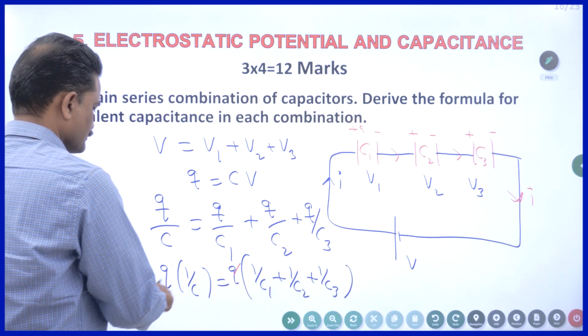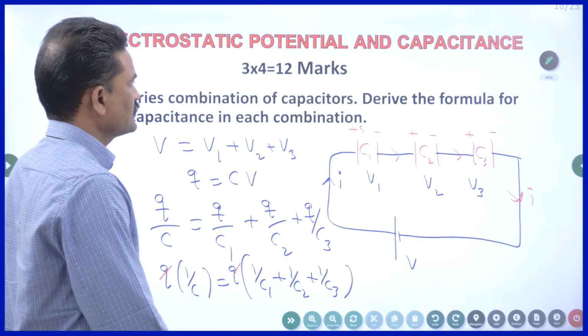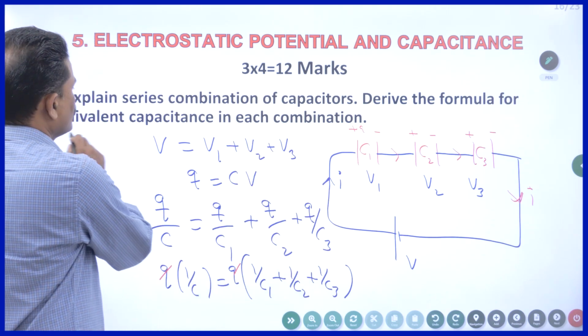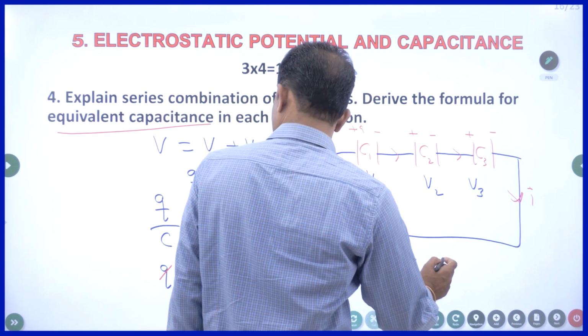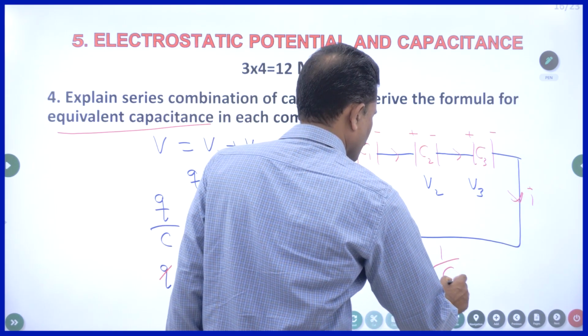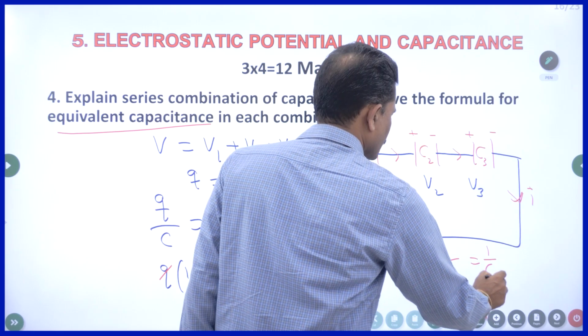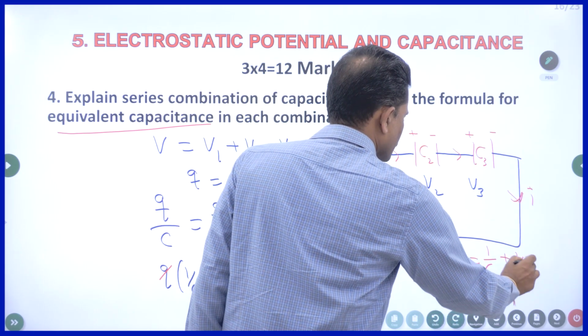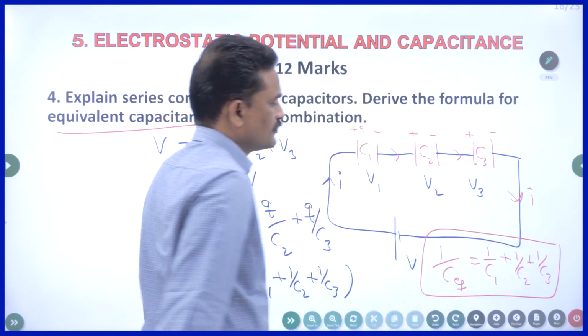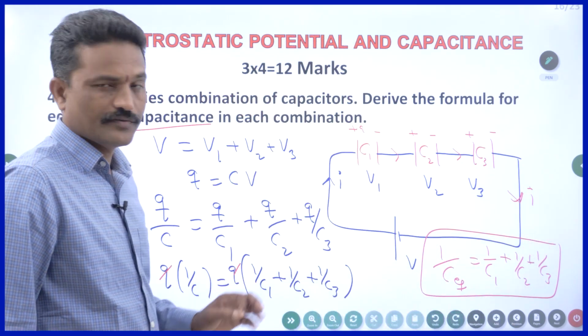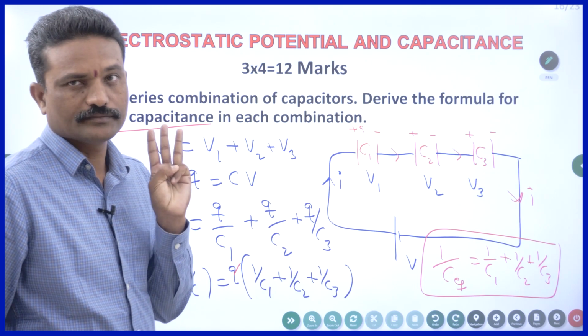Q gets cancelled. What is the final expression? Derive formula for equivalent capacitance. So, equivalent capacitance is 1 by C equivalent is equal to 1 by C1 plus 1 by C2 plus 1 by C3. If you have more, you have to write more, but for the sake of derivation, you have to take only 3. Is this clear?